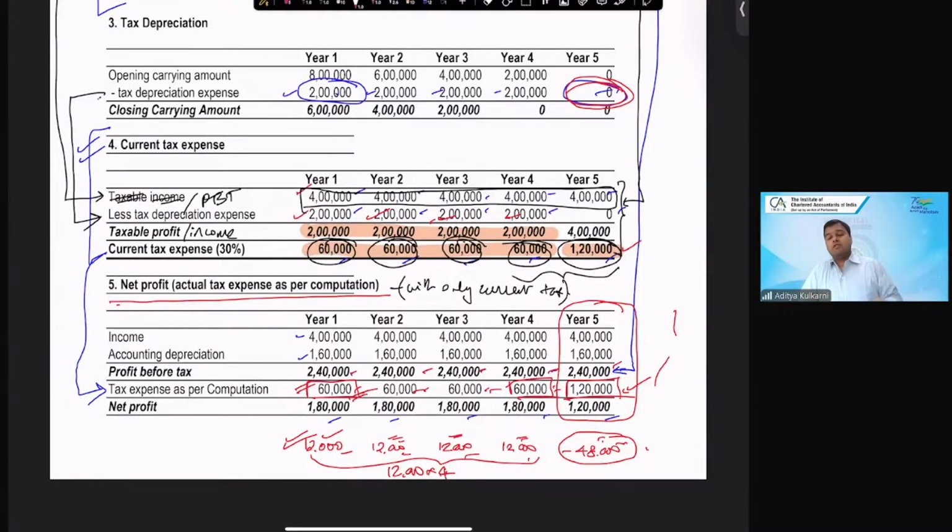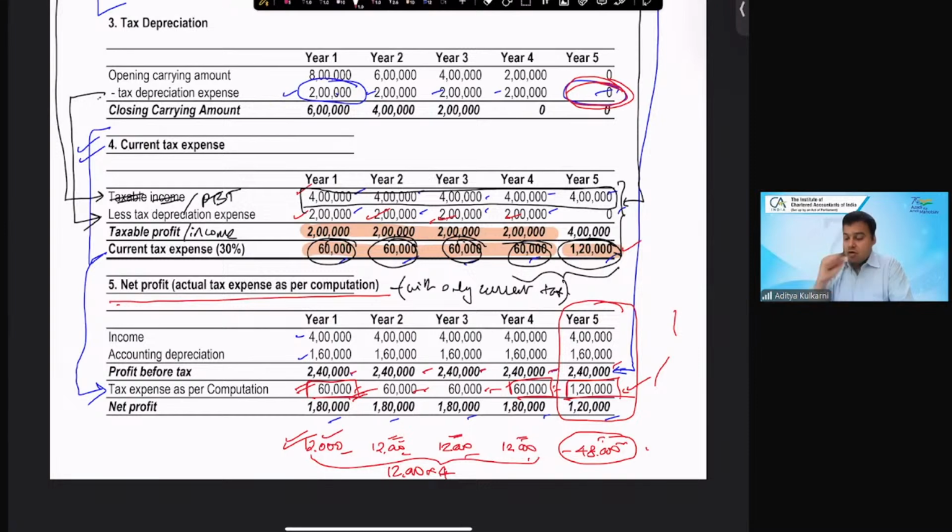Because it is a postponed tax liability, we call it a deferred tax liability. It is postponed to the 5th year. Yes? Understood where the DTL is coming from? Yes, sir.